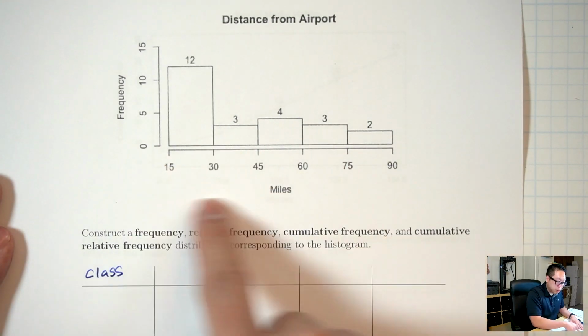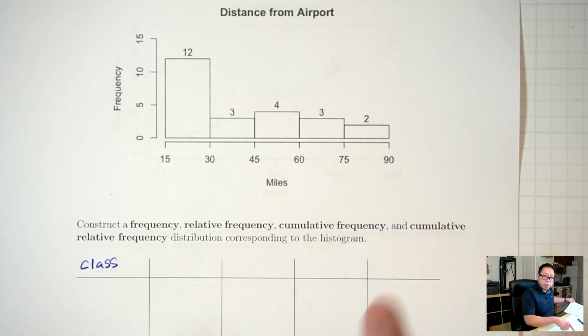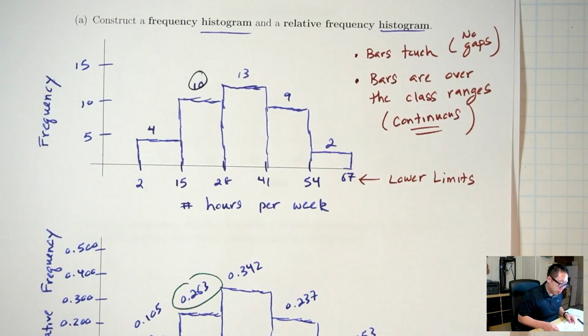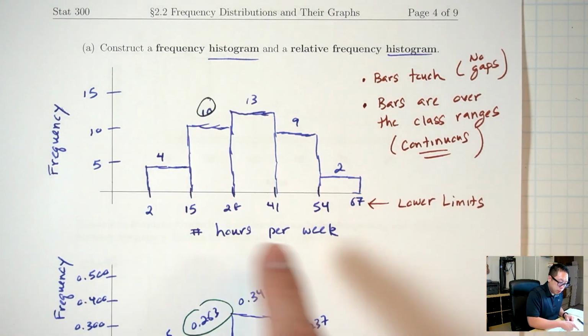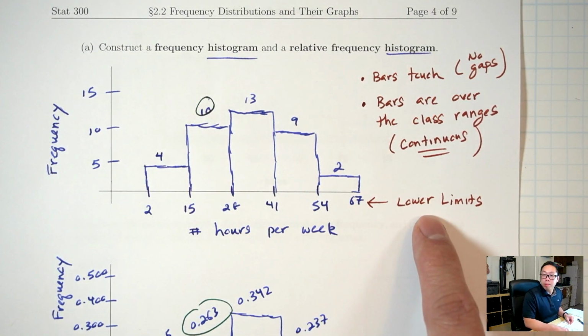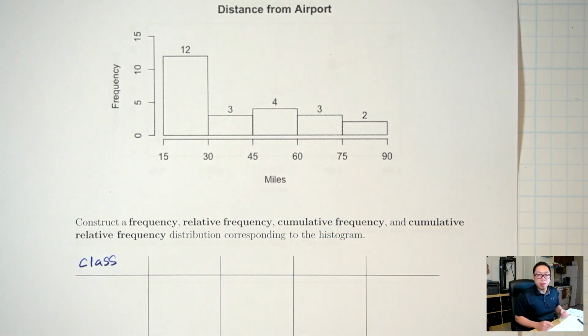What are these numbers? Are they the lowers? Are they the uppers? Are they the midpoints? If you go back to when we talked about histograms, the numbers on the x-axis of a histogram are always the lower limits. In other words, these numbers are the lower numbers of my ranges.